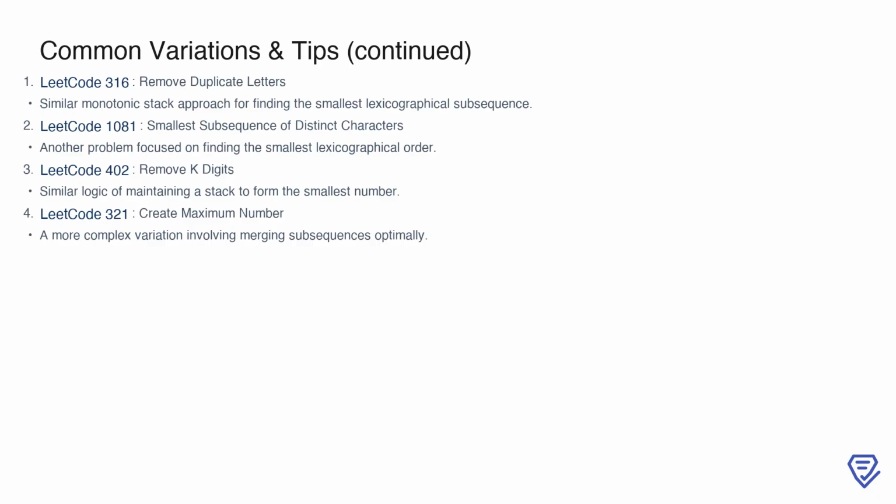LeetCode 402, Remove K Digits, applies similar logic for forming the smallest number by maintaining a stack. Finally, LeetCode 321, Create Maximum Number, represents a more complex variation where you need to merge subsequences optimally. Exploring these problems can deepen your understanding of the patterns and techniques used in this type of challenge.